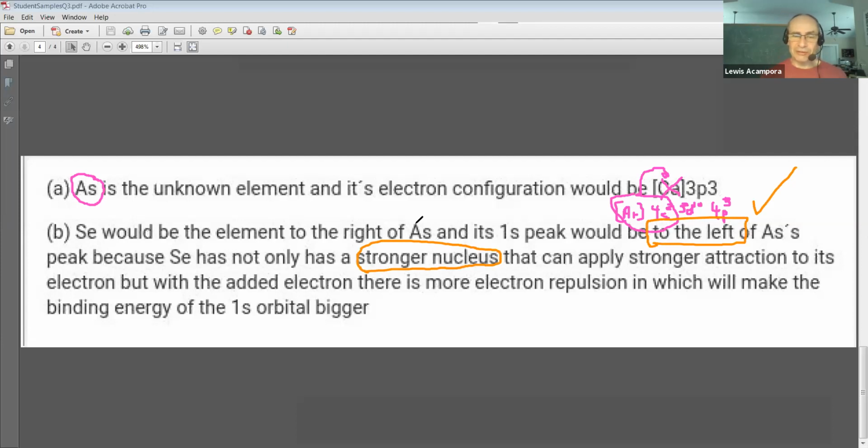But by stronger nucleus, I think it's pretty clear that the student means a greater positive charge in the nucleus that can apply a stronger attraction to its electrons. And the rest of this is actually true, but really irrelevant. But they checked both boxes there and would earn 2 points. So that's pretty good.